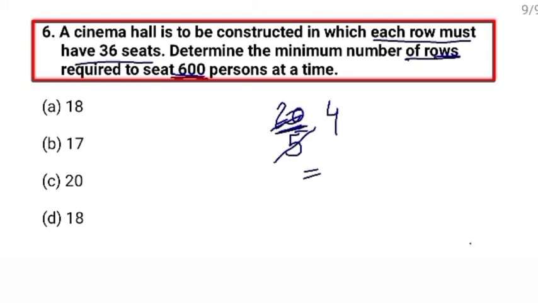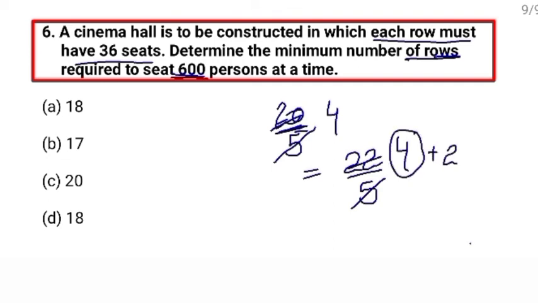But if the total chocolates are 22, and you can keep 5 chocolates in each box, then 5 fours are 20, so 4 boxes you need, plus you have 2 remaining chocolates. For these 2 chocolates you need 1 more box.